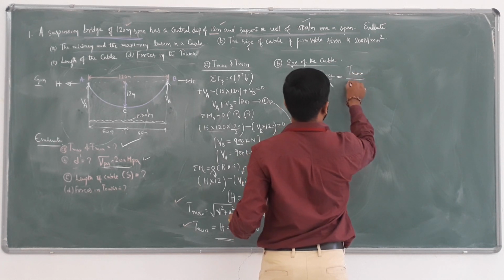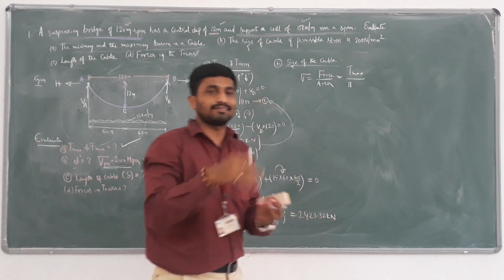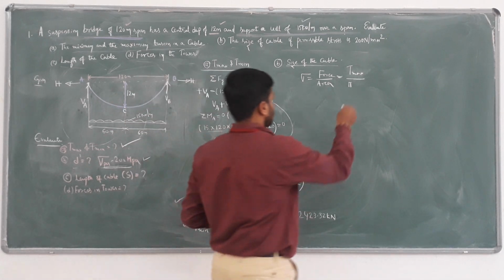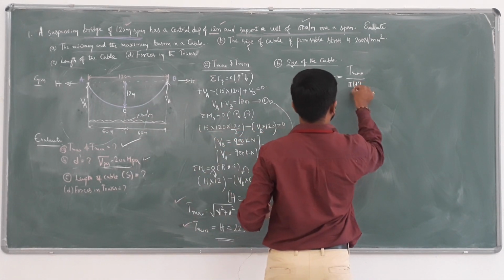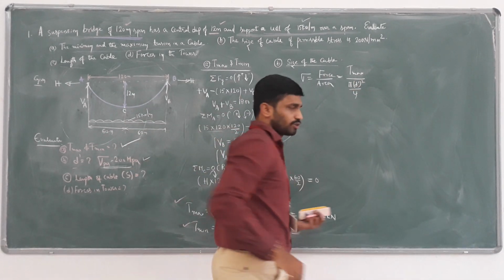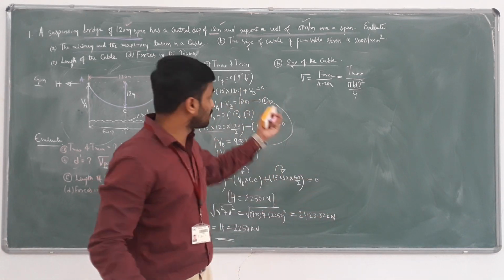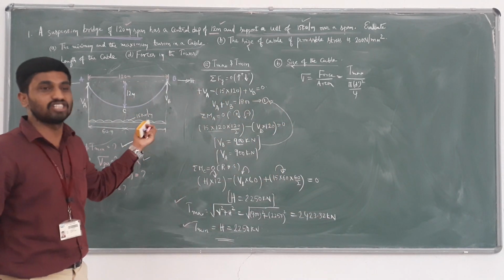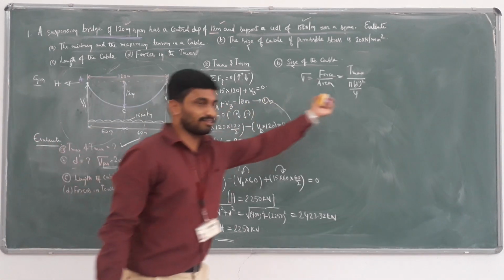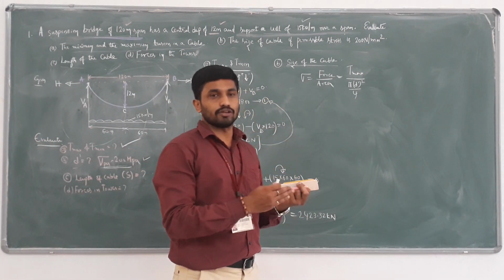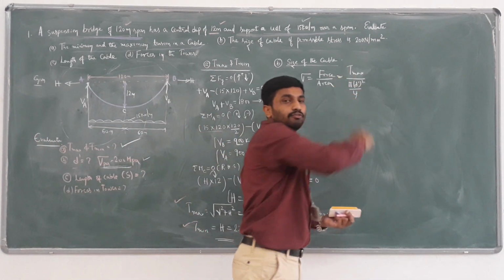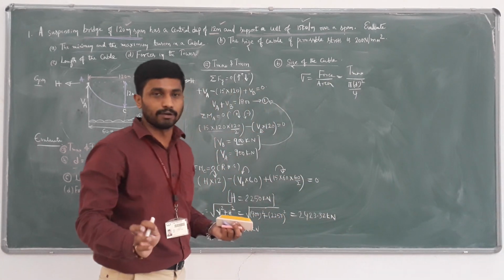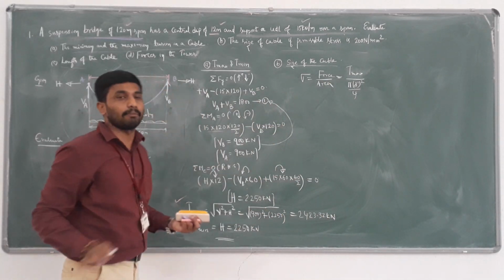For the area, I am assuming a circular area, then pi d dash square by 4. Don't take pi d square by 4. In this particular problem, d is referred to as dip, so if you consider this d, it will become confusing. That's why I am taking d dash, where d dash is the diameter of the cable and d is the dip of the cable.